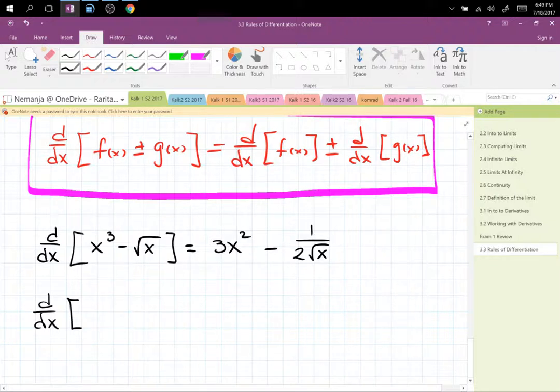The spicier version would be for you to consider, let's say, 5x squared minus 3x plus 8, the derivative of that.